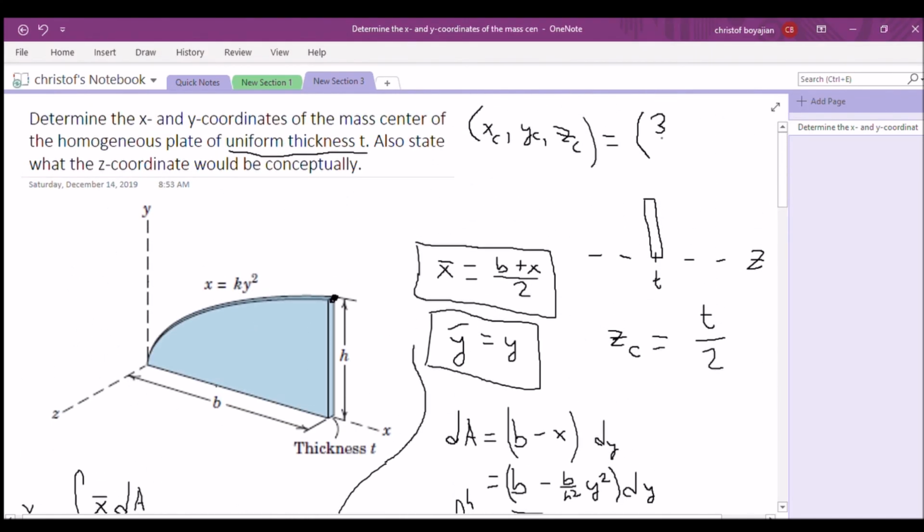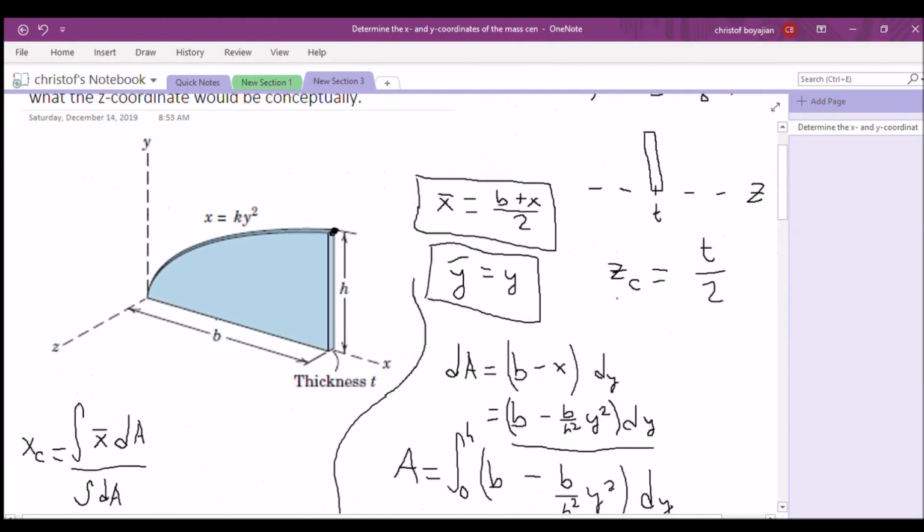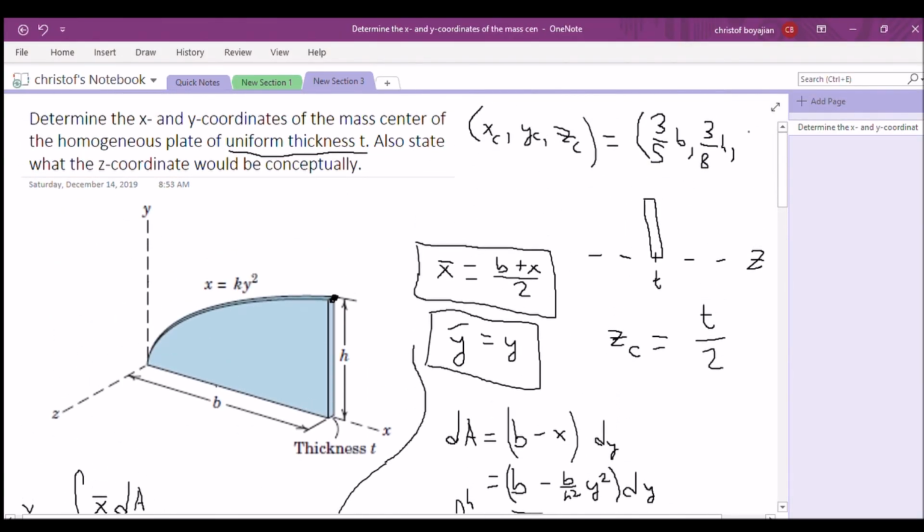Let's draw a better 5. 3/5 b, comma, 3/8 times h. 3/8 h is our y coordinate, and our z coordinate we just said was t over 2.